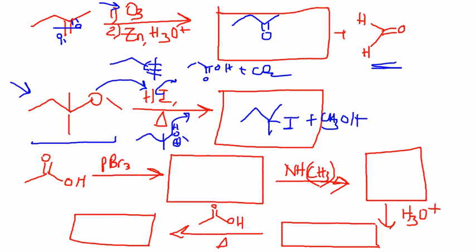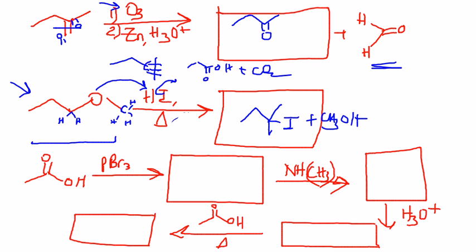Recall also that if this was a primary carbon, so if we had something like this, where on one side you have C and then 3 H's, and the other side we have two hydrogens and 1 carbon, then the HI is still going to cleave it, but the I minus is going to approach from a direction which is less sterically hindered.